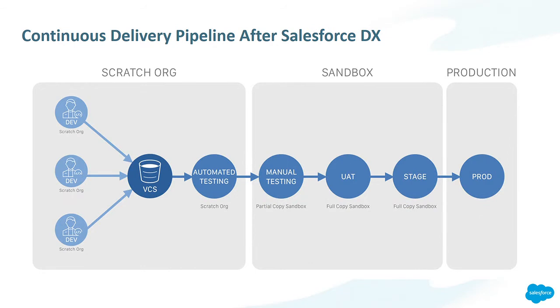Okay, after Salesforce DX, the idea here is that for each developer, we have one Scratch organization, or many of them, it depends, okay? They can create and delete them very quickly and easily. And we also want to have an automated testing environment for unit tests, UI tests, and all that.